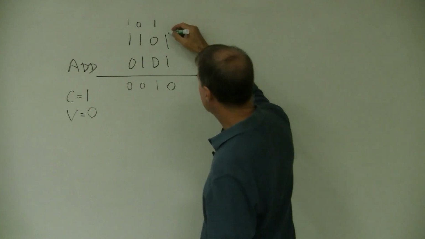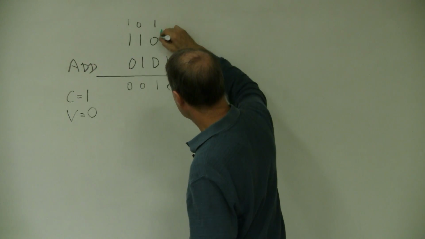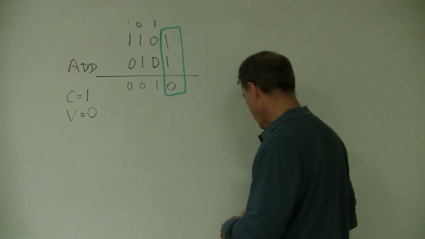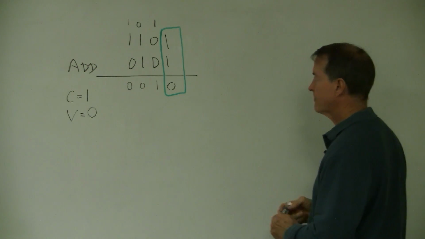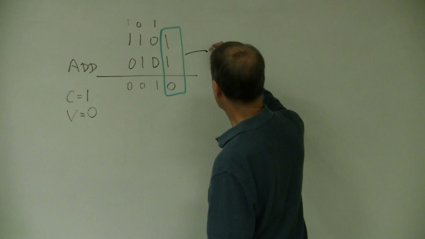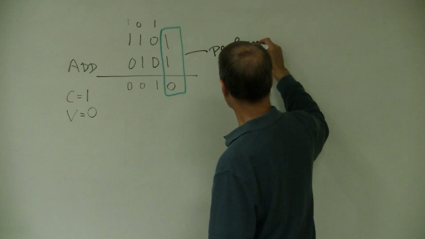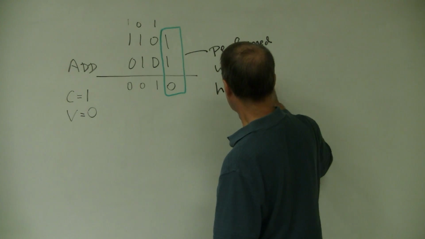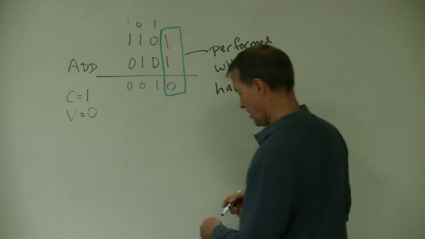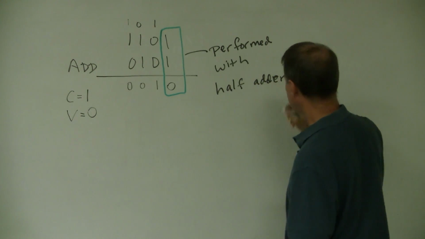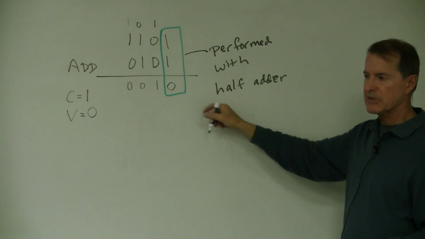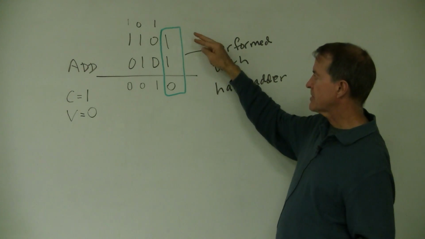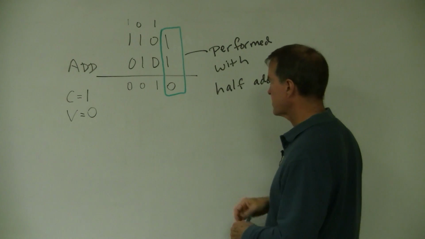Now here's the thing. This addition here is performed with what's called a half adder. So the first one, on the rightmost side, is performed with a half adder.